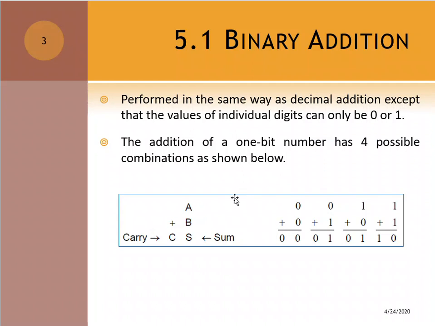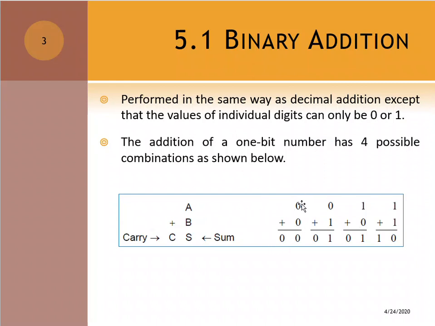If we consider only 1-bit numbers, it can be either 0 plus 0, or 0 plus 1, 1 plus 0, or 1 plus 1. We are going to look at them one by one.